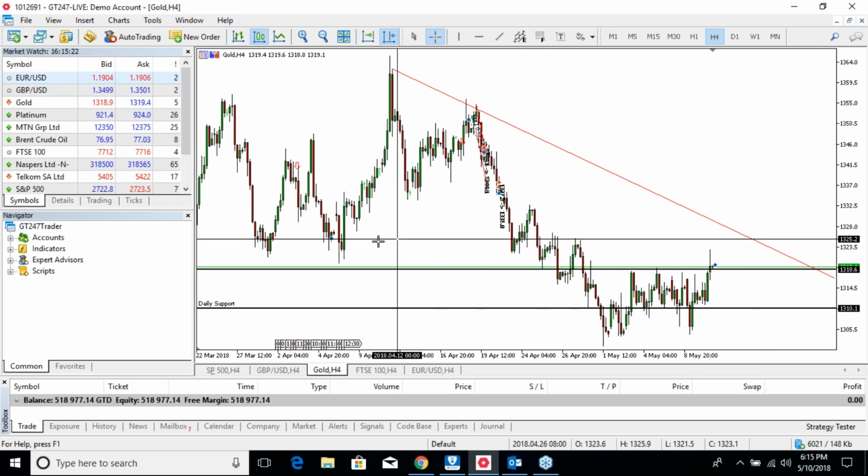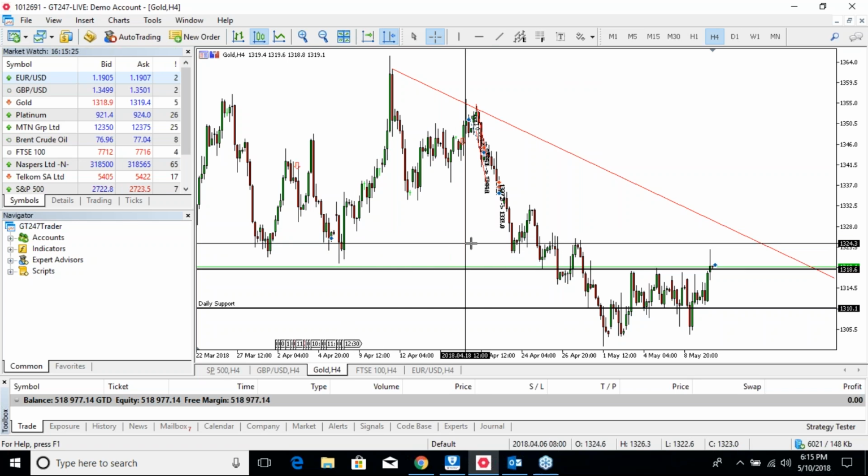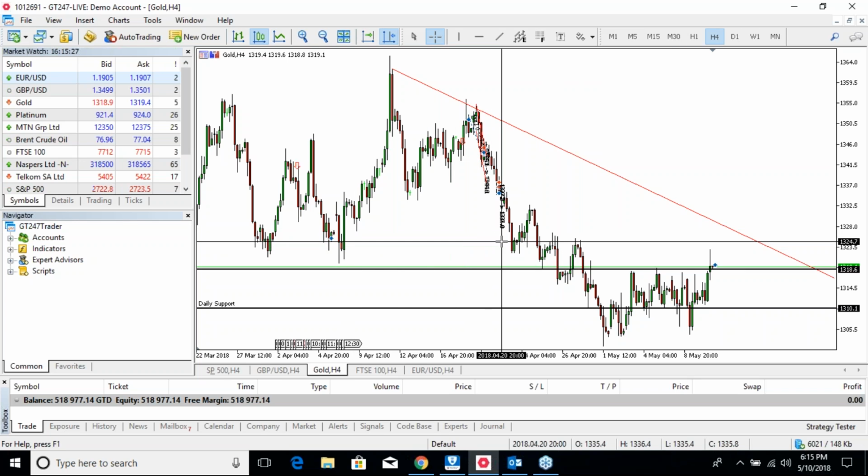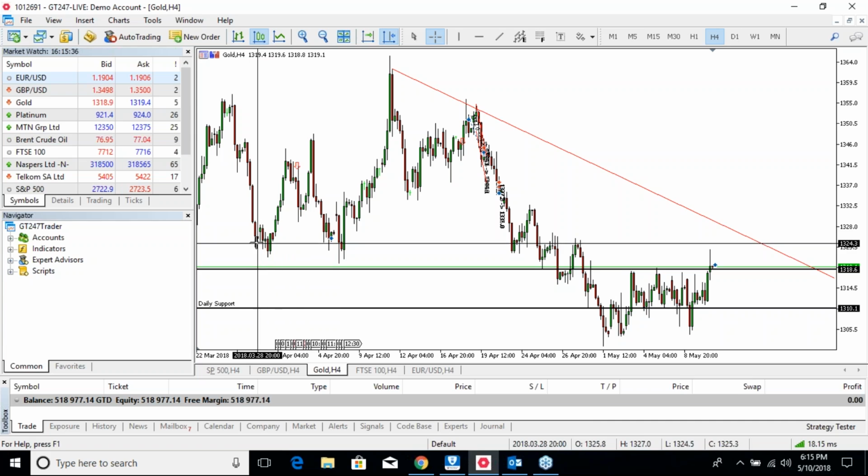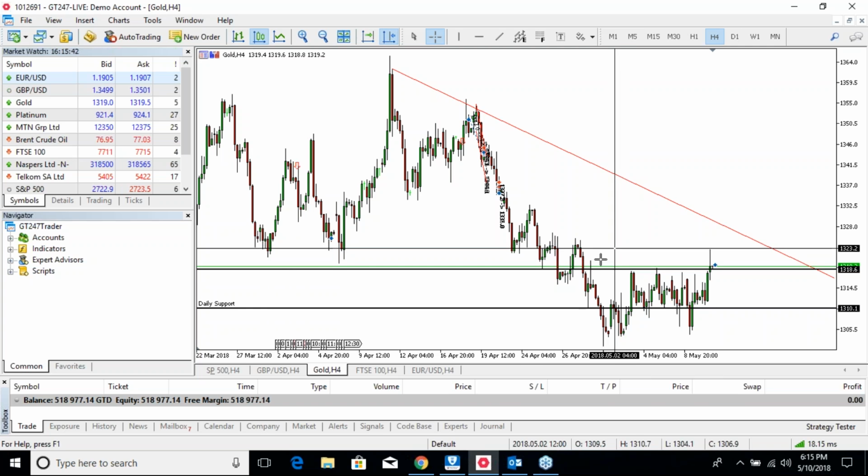Roughly, it kind of touches. It's not a strong resistance line, but you can see that it has been retested here a couple of times. So it's not the strongest resistance line, but it is something to aim towards.